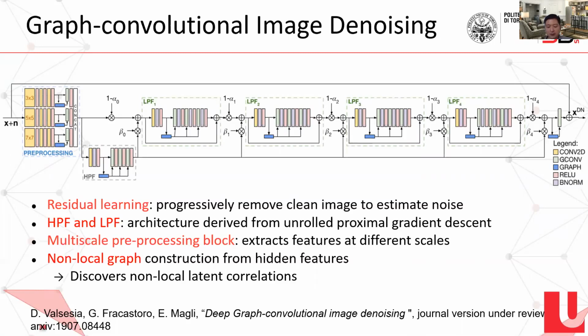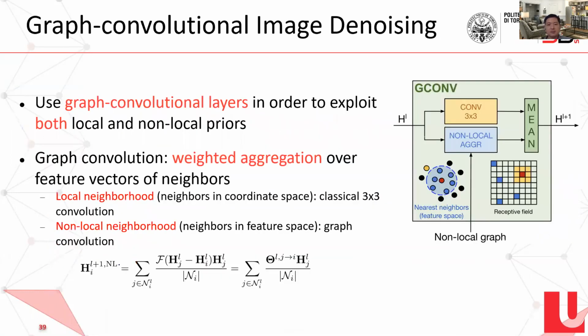This non-local self-similarity has been shown to work really well, and it is described in this paper. Enrico and his colleague have shown that if you design the graph smartly, you can take account of non-local similarity as well. So here's the network design.